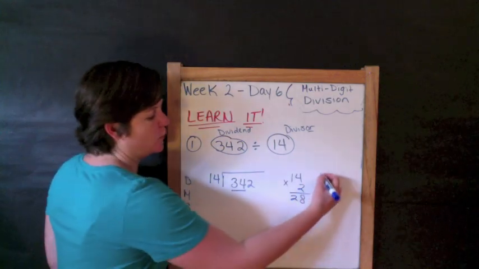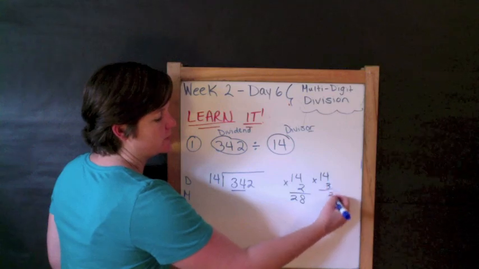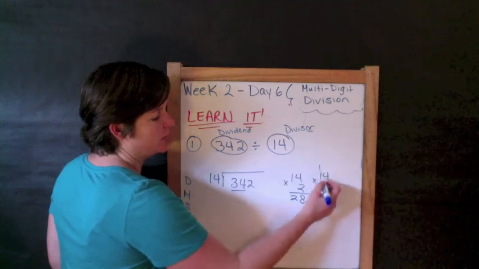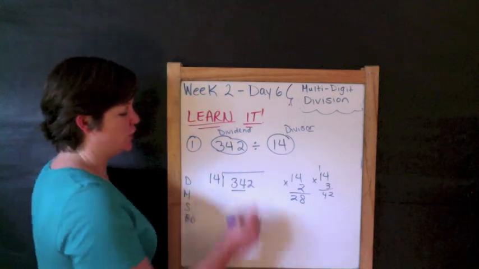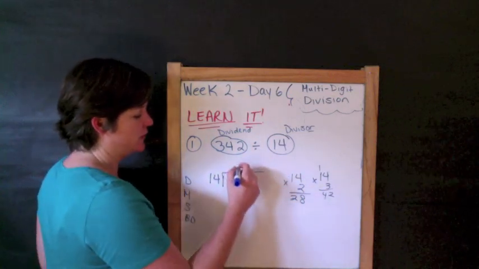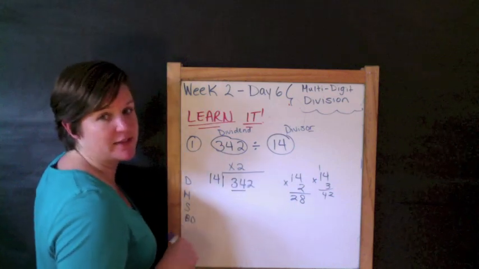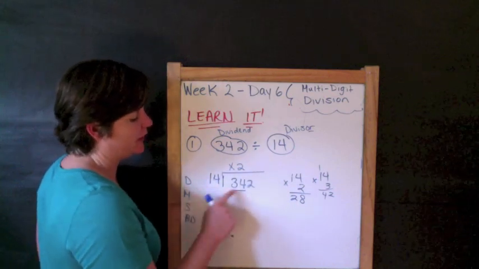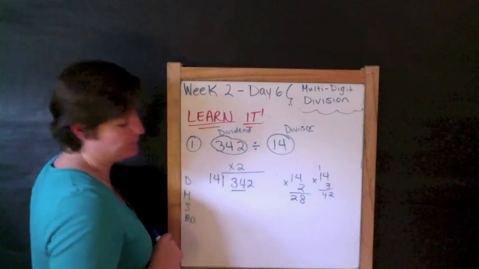Let's see if I can go one more. 14 times 3. 4 times 3 is 12. 3 times 1 is 3 plus 1, 42. That's too high. So it goes into it at least twice. I'm sorry, I kind of skipped that step. 14 does not go into 3, but it can go into 34. So I put an X up there because it cannot go into 3.